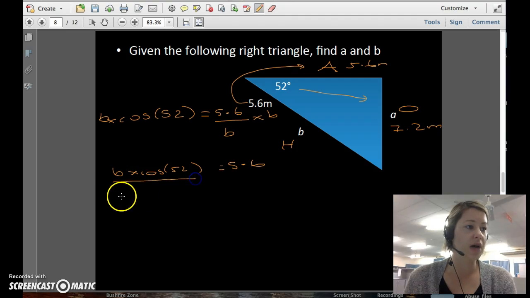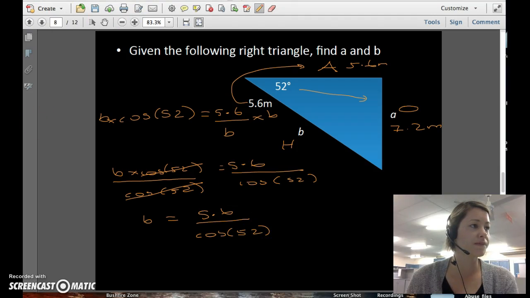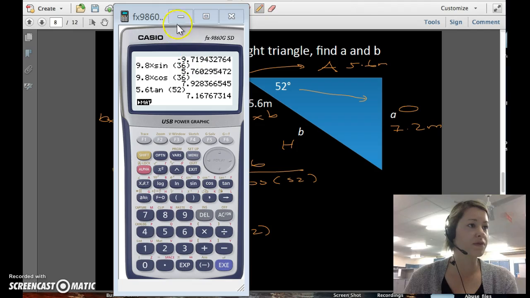So I'm going to divide by cos of 52, and what I do to one side I have to do to the other side. These cancel out, so I get b equals 5.6 divided by cos of 52. And now I put that on my calculator.